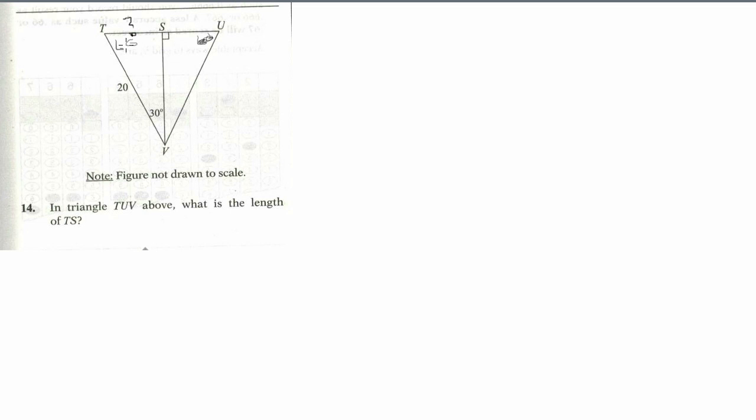But still, this is a 30, 60, 90 triangle, which we know because we have a right angle here. We have a 30 and a 60. They want to know what's up here. Okay, so if we have a 30, 60, 90 triangle, this will be half of this, which means that this up here will be 10.